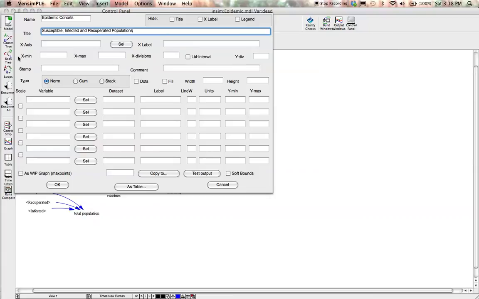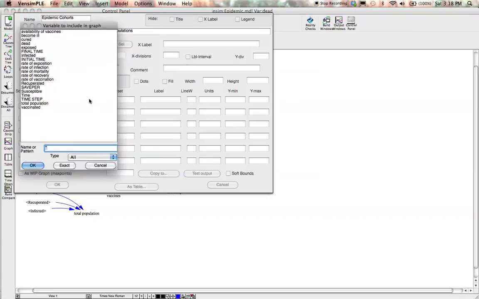Nice little title. On the x-axis we'll put time, and the minimum for time will be 0. The maximum will be 20, and that's the range. Let's select the three populations here.